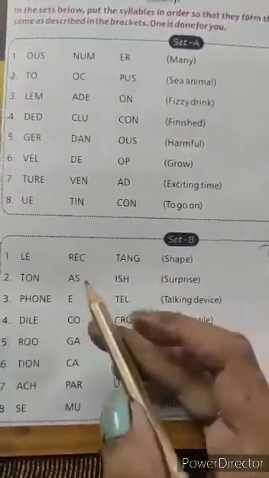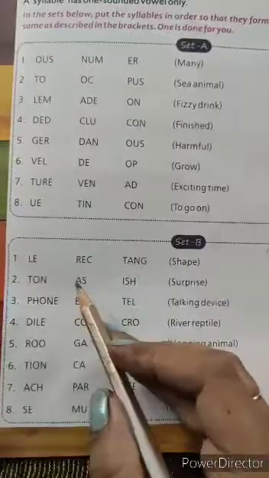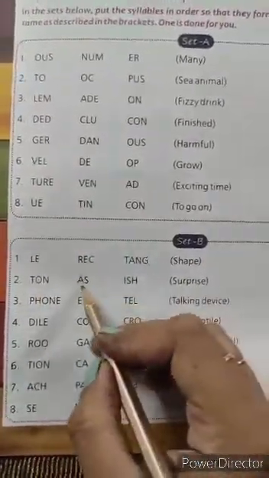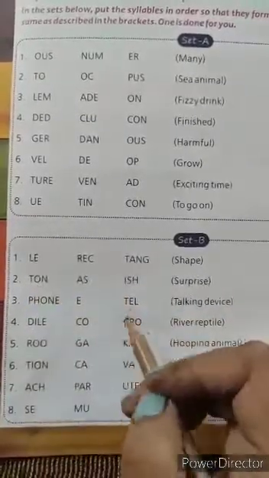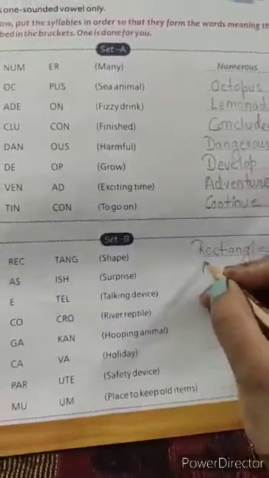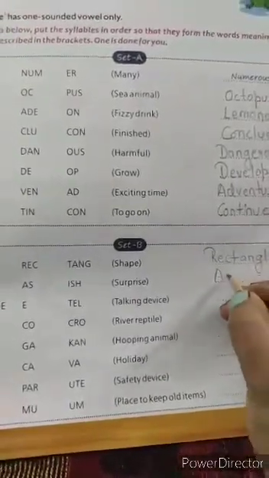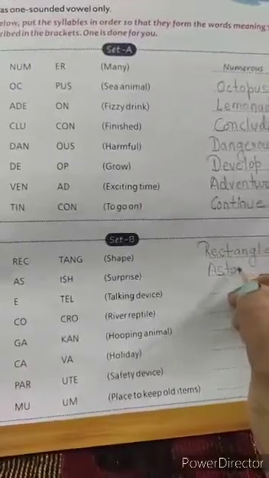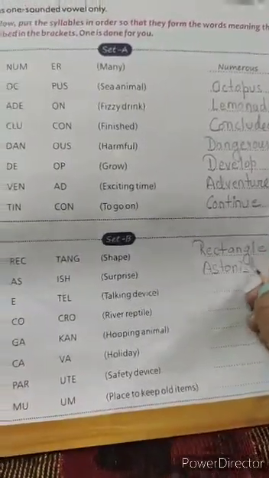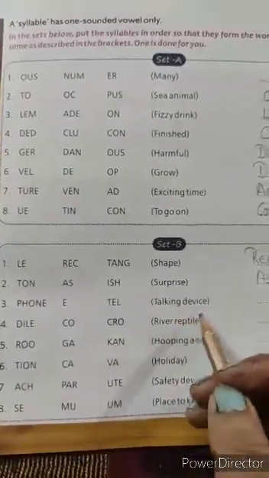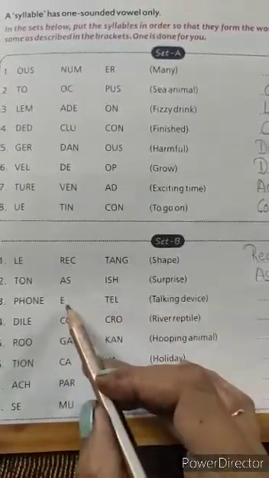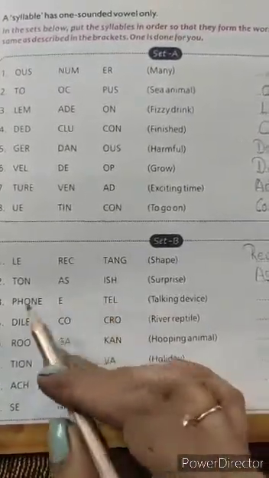When you first form the word, astonish. So, when you are astonished, it means you got surprised. Astonish. Now, talking device. Tele, phone. Telephone.